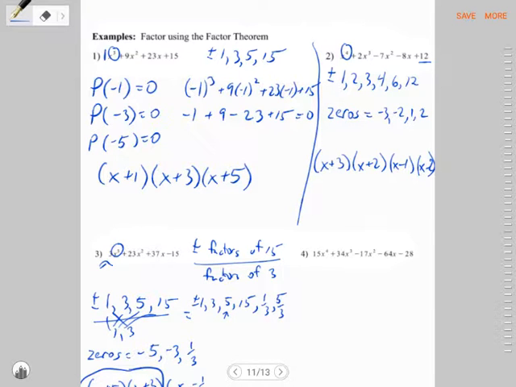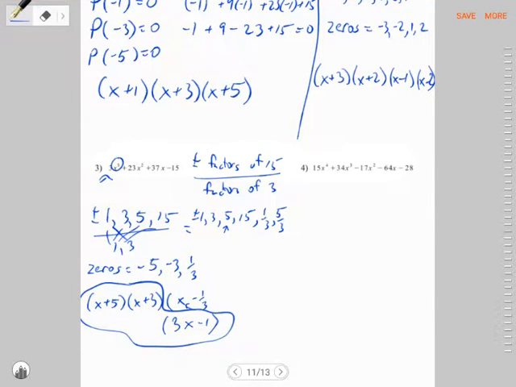Okay, so moving along. Number 4 here, this one's a little trickier, or not even trickier, it's just bigger. So we have the factors of 28, so plus and minus 1, 2, 4, 7, 14, and 28, all divided by factors of 15, which are 1, 3, 5, and 15.